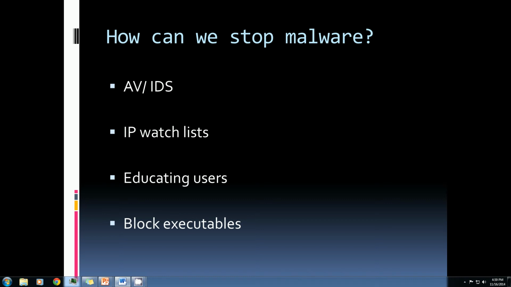How can we stop malware? Well, some simple solutions to stopping malware include antivirus and intrusion detection systems. These methods, coupled with subscribing to known bad IP lists, can prevent most existing malware from ever affecting a system. The problem with an antivirus or an IDS is it only catches the signatures of malware it knows.